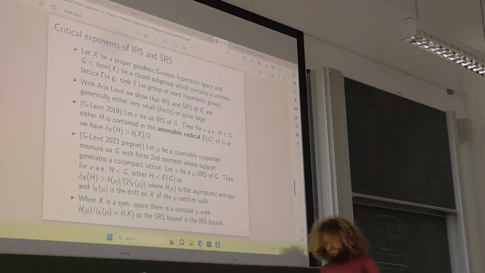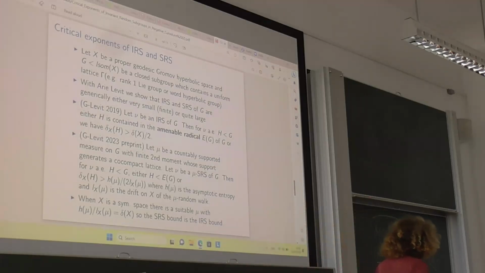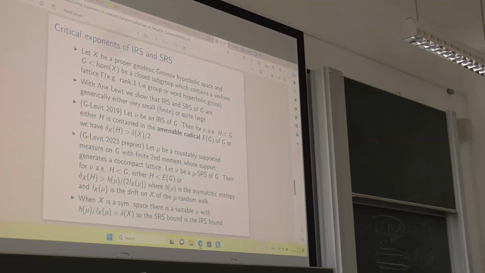The amenable radical is the maximal group that acts trivially on the boundary. For symmetric spaces, the amenable radical is just the identity. For hyperbolic groups, it's something small. In any case, it's super small. Or this group is quite large, in the sense that its critical exponent is more than half of the maximum. So that's for invariant random subgroups.